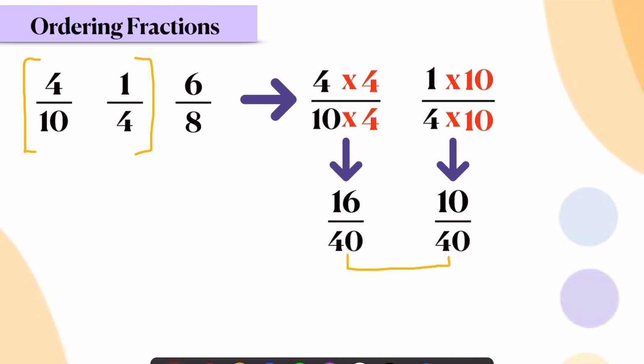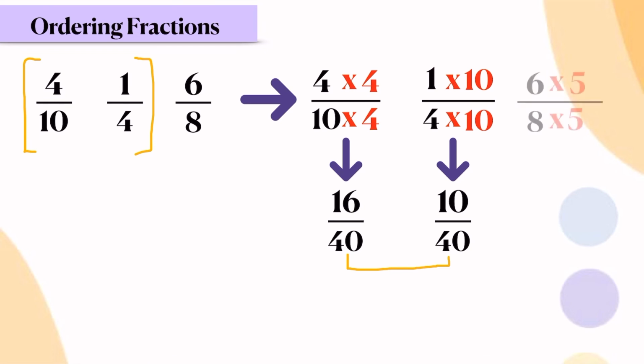So we have one fraction left. We have 6 over 8. To get 40 from 8, I need to multiply 8 by 5, right?